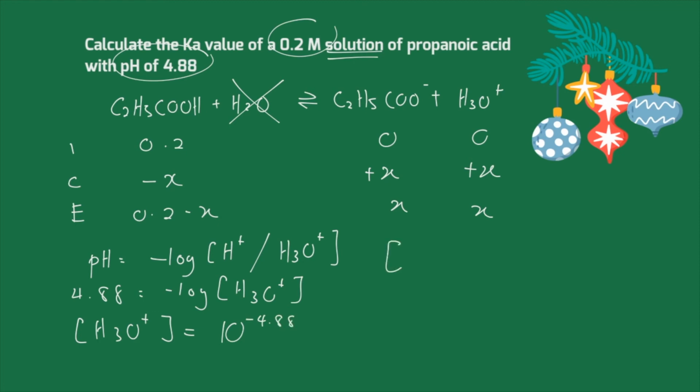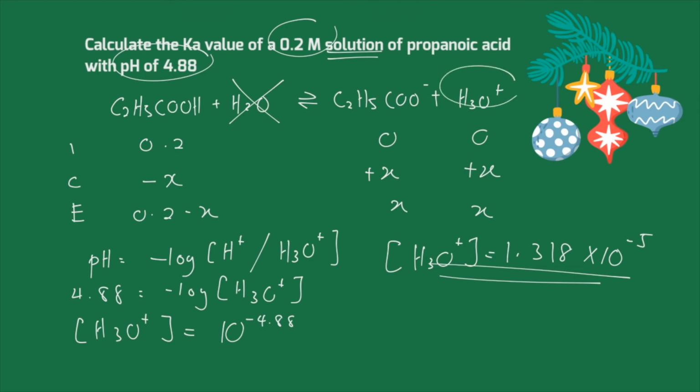So the concentration of H3O+ for this reaction is equivalent to 1.318 times 10 to the power of negative 5. So what you need to do is that your H3O+ is actually the value of X. So you just need to substitute all the value of X to 1.318 times 10 to the power of negative 5.